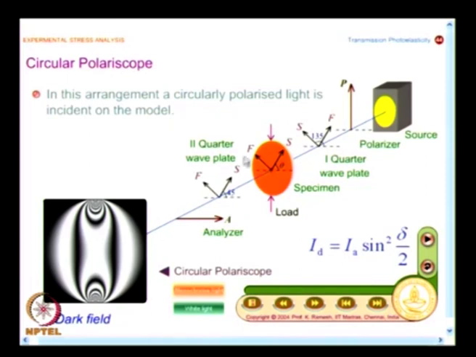and it impinges on the model. The moment I have circularly polarized light, the directional dependence has no role to play. If I have plane polarized light, when the plane of polarization coincides with one of the reference axes, we saw isoclinics.